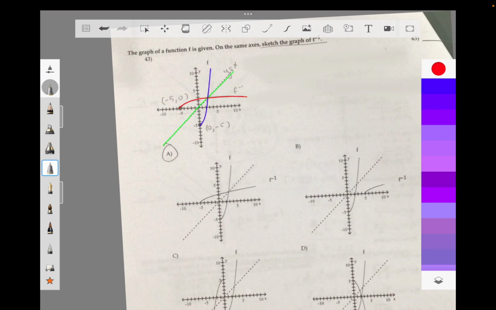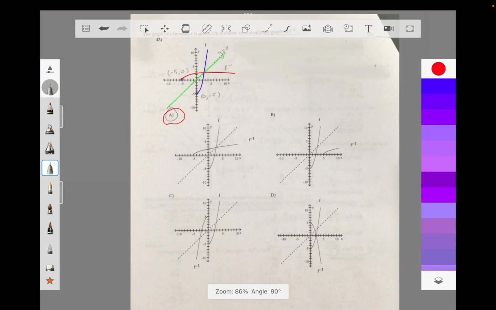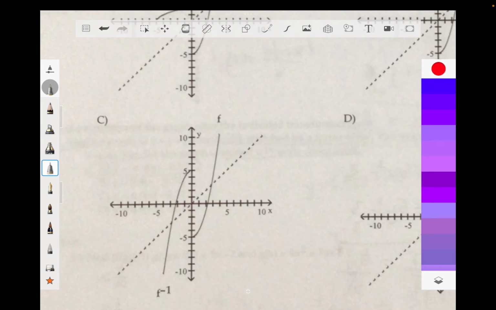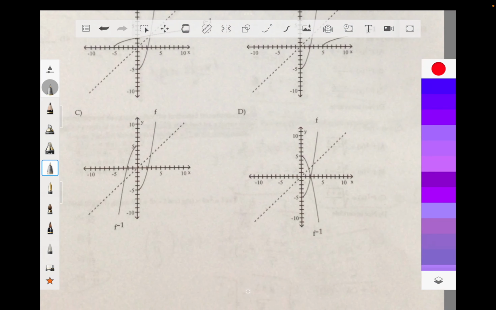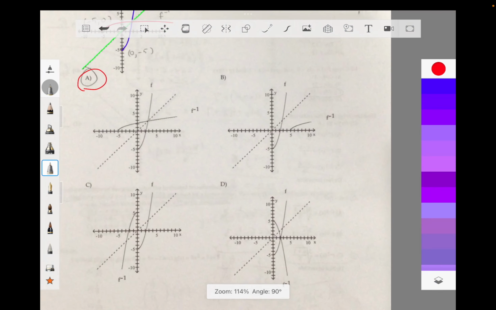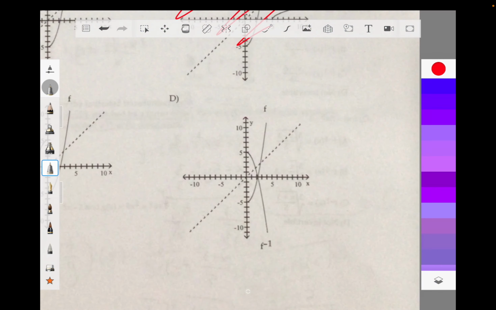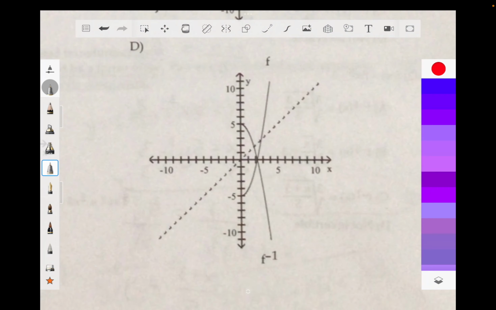Which one matches that one? It's going to be this one. The inverse always mirrors it. Here's kind of a mirror. Oh, no, this one's not a mirror. You can cross this one out because it doesn't mirror it. This one mirrors it about the x-axis, but you want to mirror it about this line they give you.